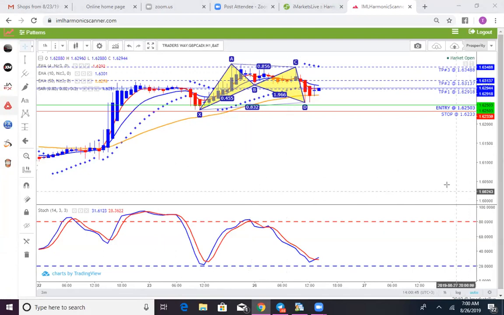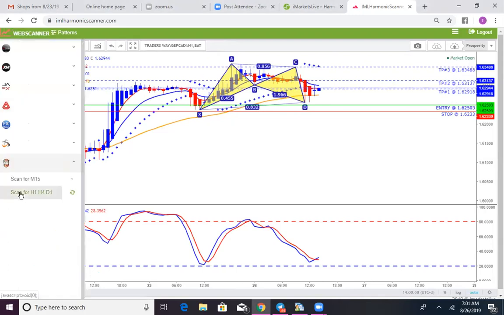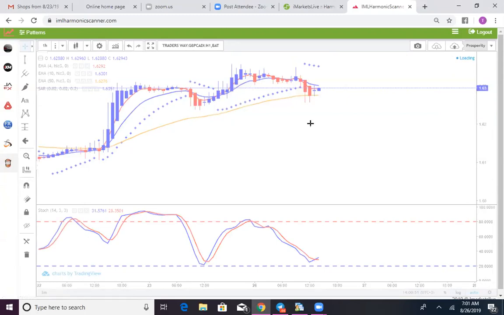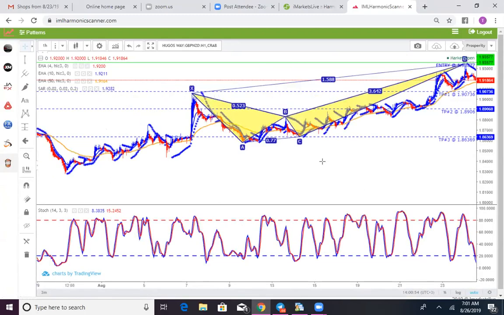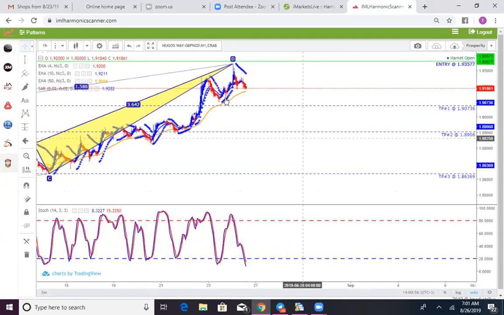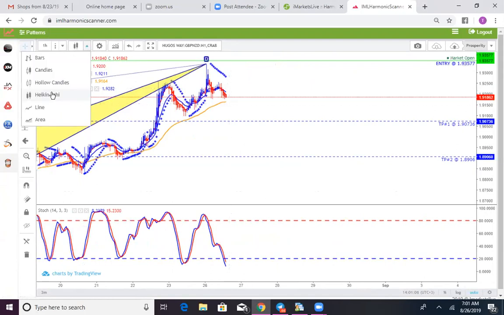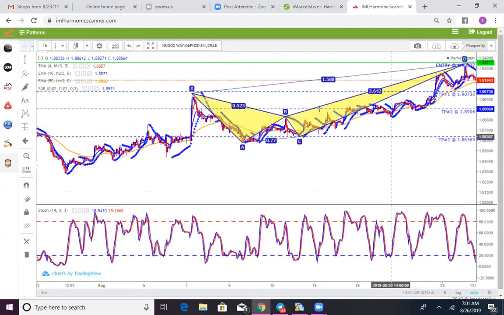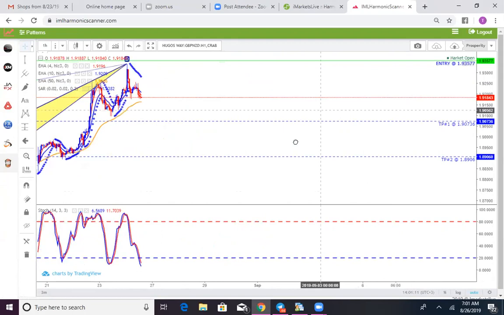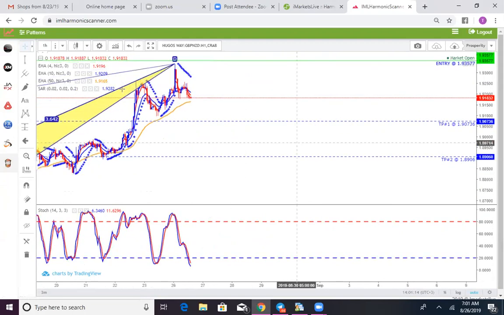When you see consolidation, like we saw, and I believe it was GBP NZD. I can't remember which one it was we saw the consolidation on. Was it this one? I can't remember.